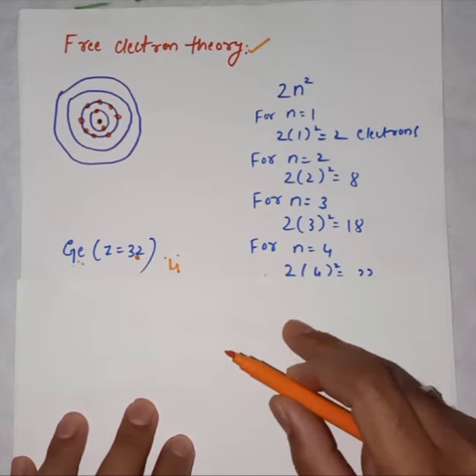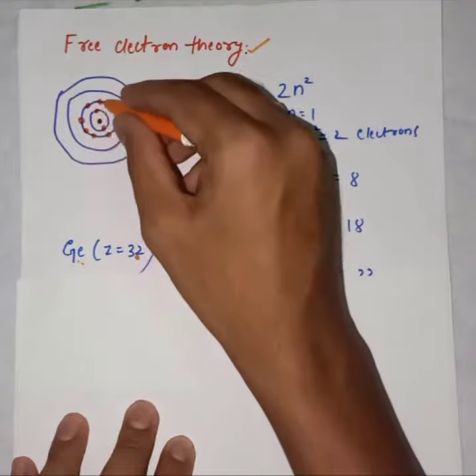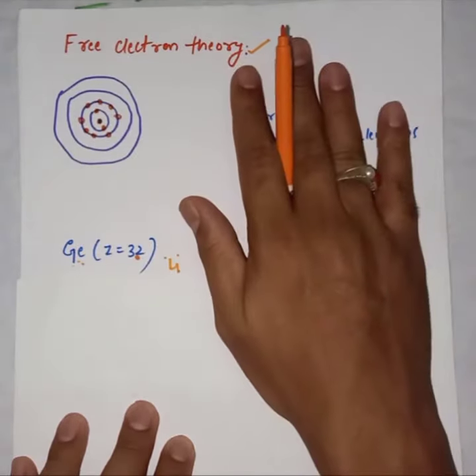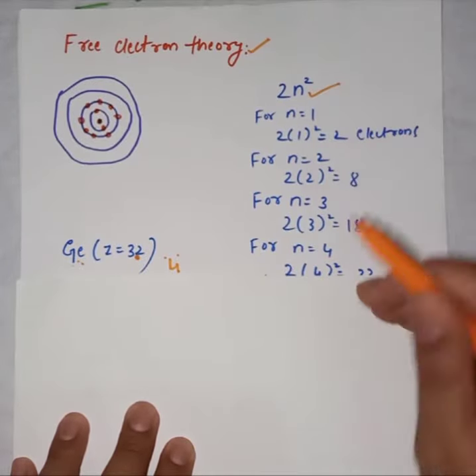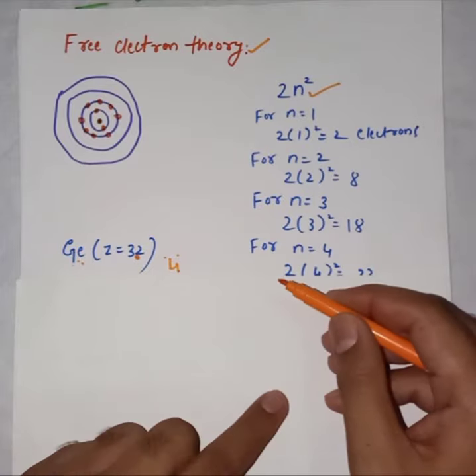But on what basis am I telling you only 4 electrons are free in it? The answer is the rule called the 2n square rule. What does this rule say?